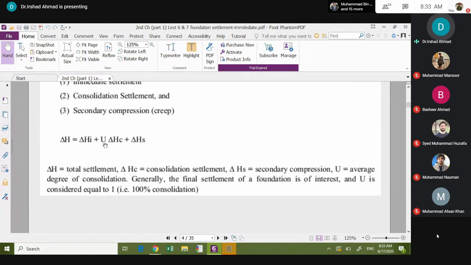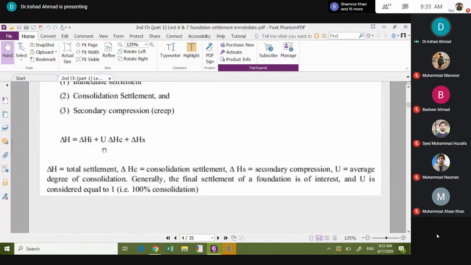But if you want to find delta H after many years, then delta C would have reached its full value, so U should be 1. So U varies from 0 at the start to the full value 1 at the end of consolidation.